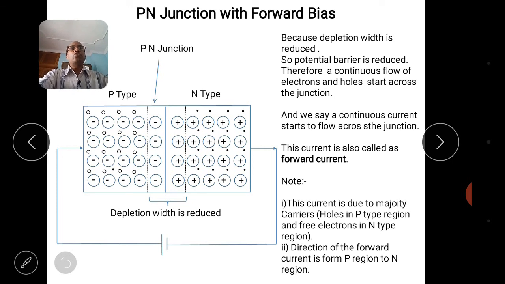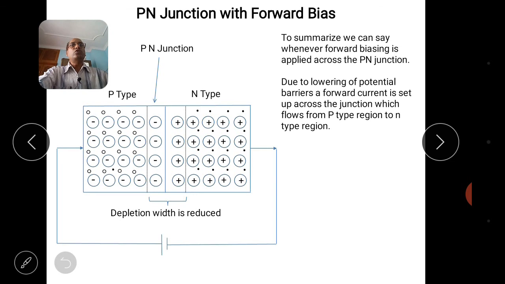This current is due to majority carriers, holes in the p-type region and free electrons in the n-type region. To summarize, whenever forward biasing is applied across the p-n junction, due to lowering of the potential barrier, a forward current is set up across the junction, which flows from the p-type region to the n-type region.